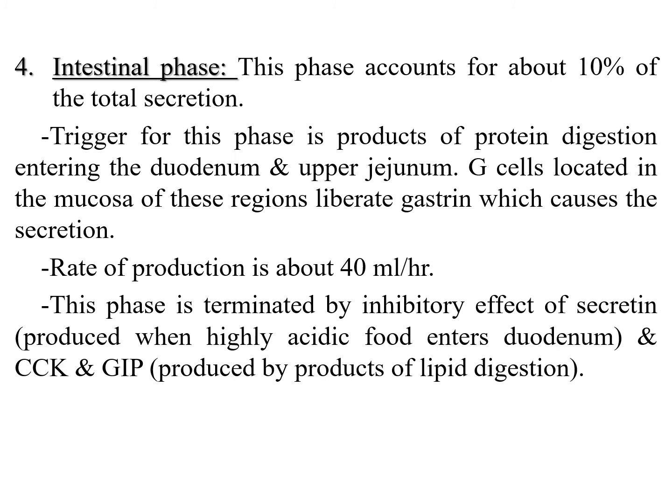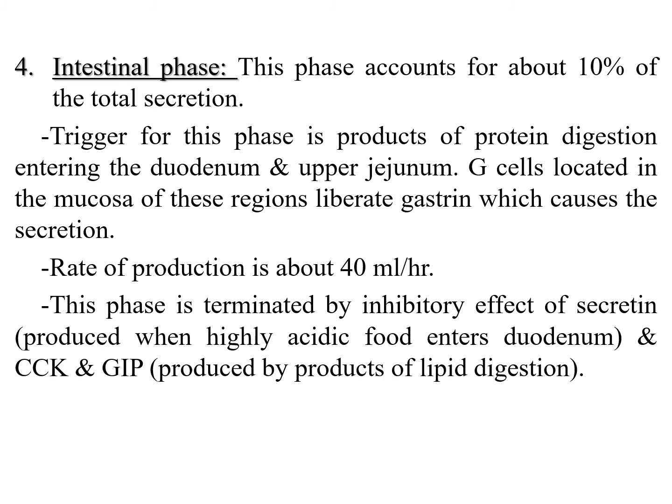The positive reinforcer to the gastric secretion is the gastrin secreted by the G cells of the intestinal mucosa when they are stimulated by products of protein digestion, while the negative reinforcers are the hormones secretin, CCK and GIP produced by other cells from the intestinal mucosa when they are stimulated by the acidic chyme or the products of lipid digestion. A balance between the two continues as long as food is there in the stomach.